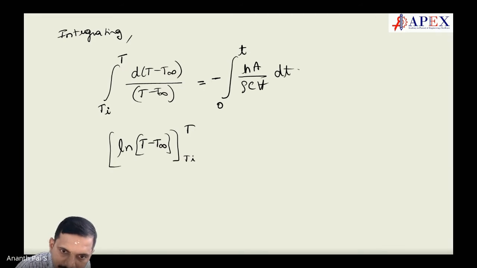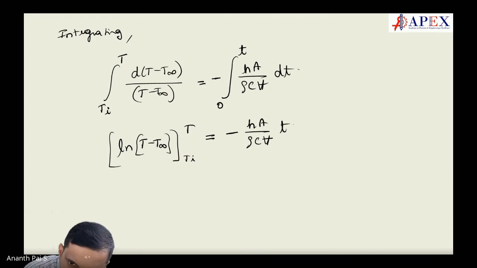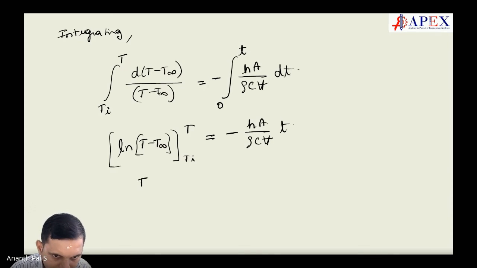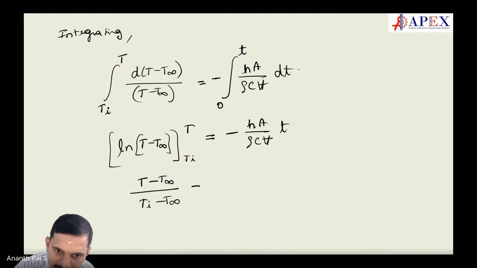So this is equal to minus h A by rho c V, which does not depend on time, so I can take it outside, times t. Or I can write (T minus T infinity) divided by (Ti minus T infinity) is equal to e power minus h A by rho c V into t.